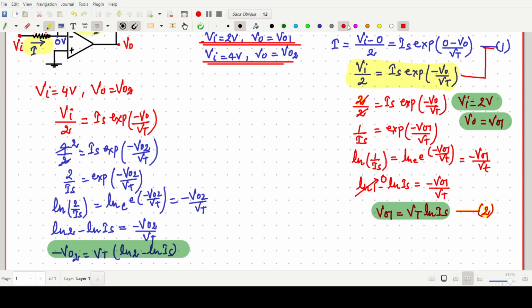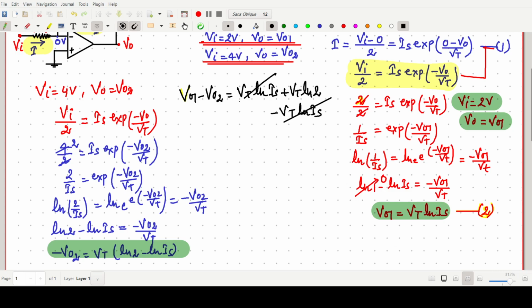So we can write V naught 1 minus V naught 2. V naught 1 is Vt ln Is and minus V naught 2, that is this one, so it should be plus Vt ln 2 minus Vt multiplied by ln Is.